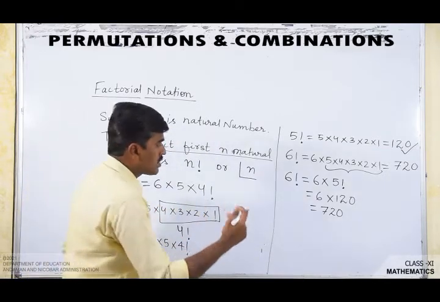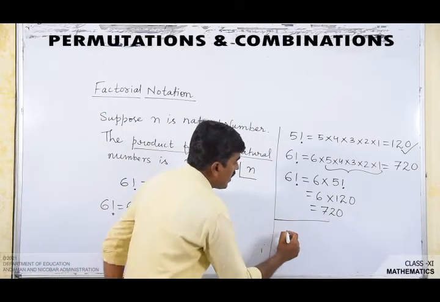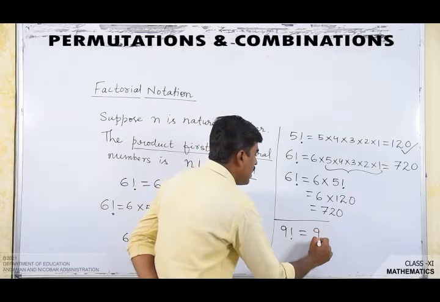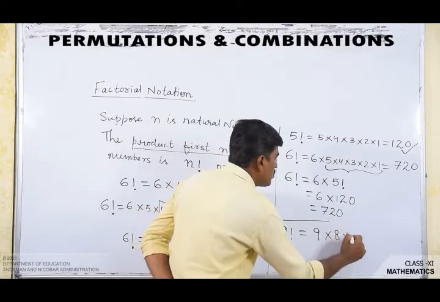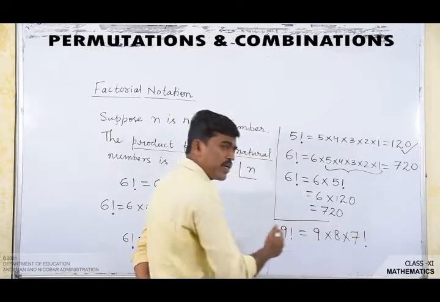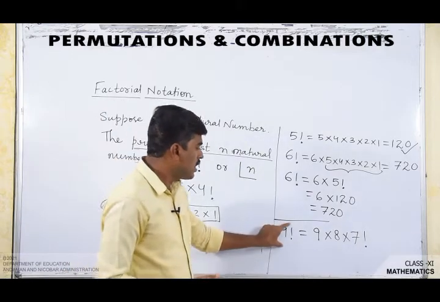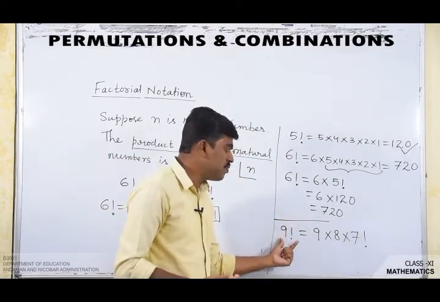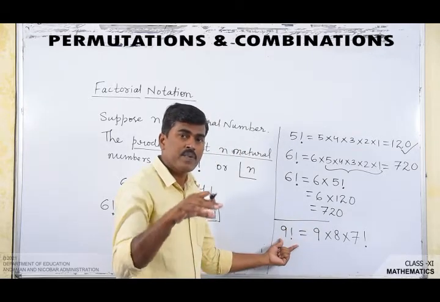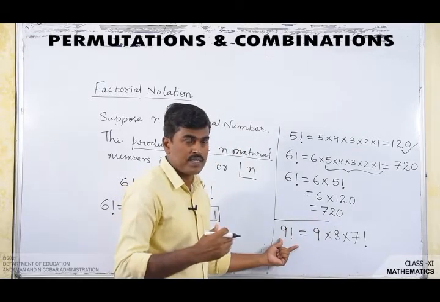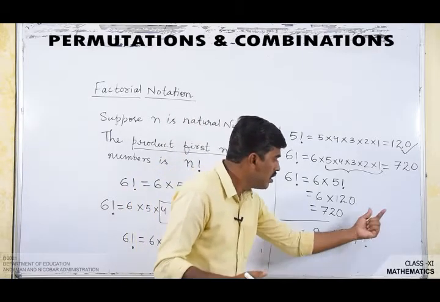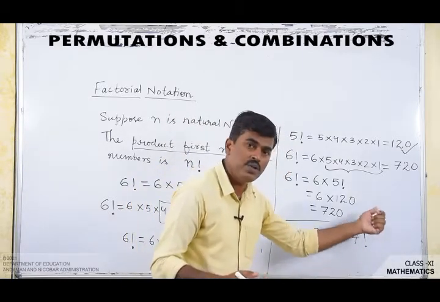For example, if I am writing this 9 factorial as 9 into 8 into 7 factorial, then it is also correct. 9 factorial can be written as 9 into 8 into 7 factorial. Actually, what is the meaning of 9 factorial? It is the product of first 9 natural numbers. That means 9 into 8 into 7 into 6 into 5 into 4 into 3 into 2 into 1.